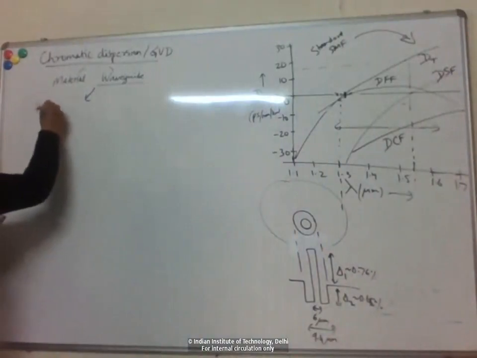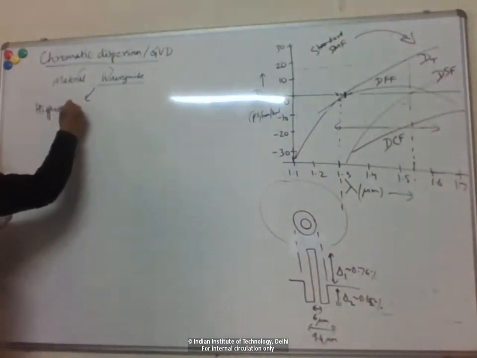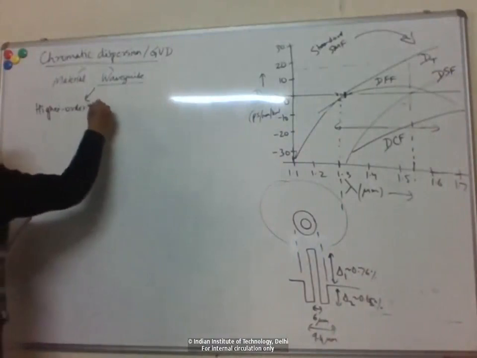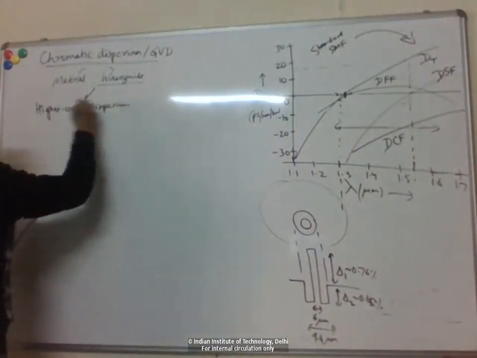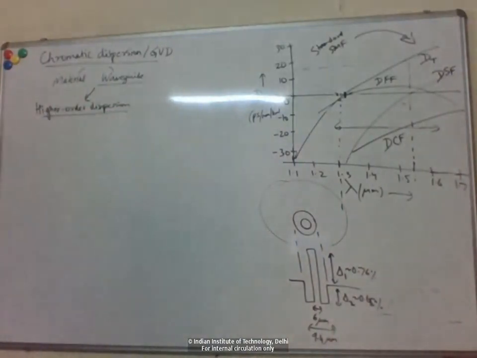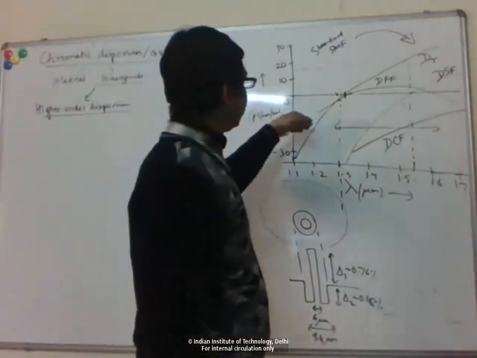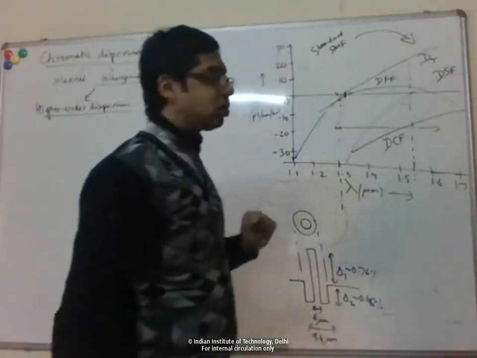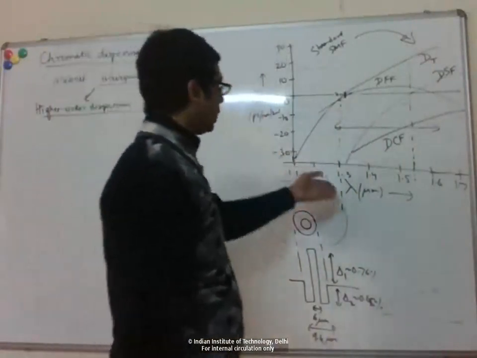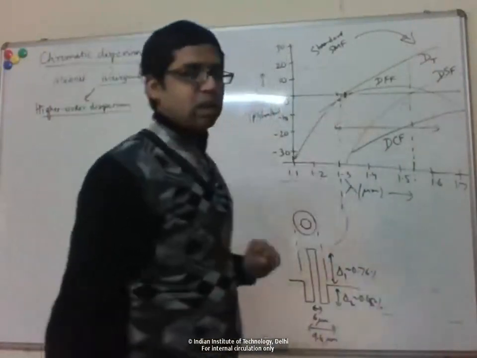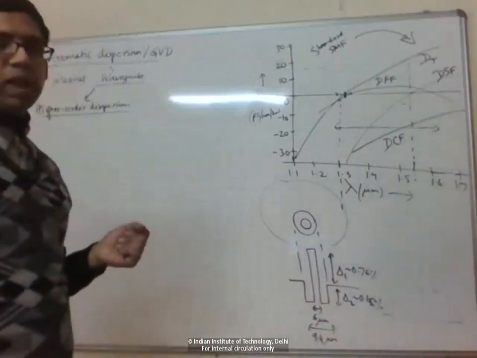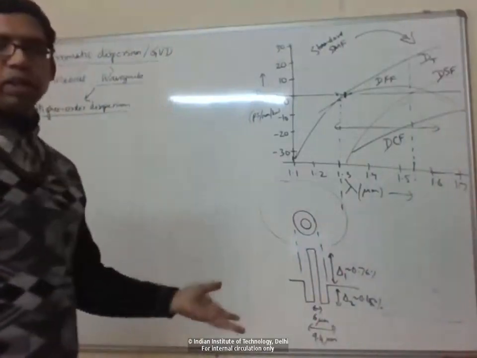Just a word about higher order dispersion. Right, so you can see from this curve, D is also a function of wavelength, right? So D is not constant. D is also a function of wavelength, which immediately tells you that there is also higher order dispersion, right?